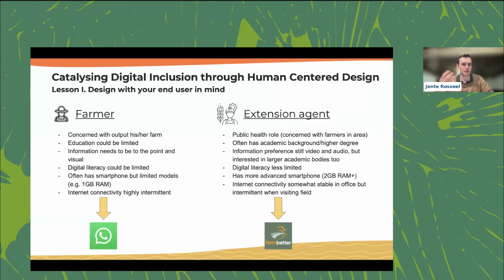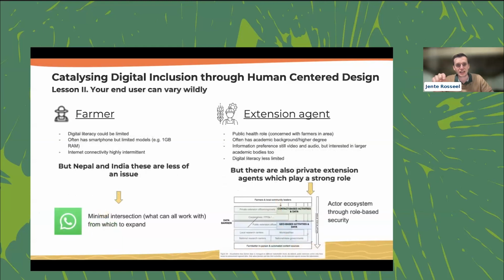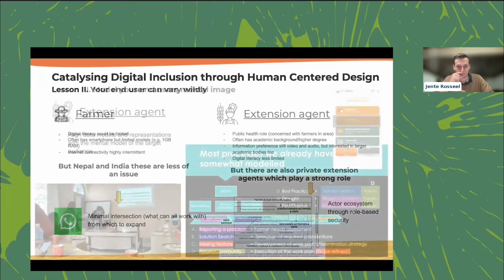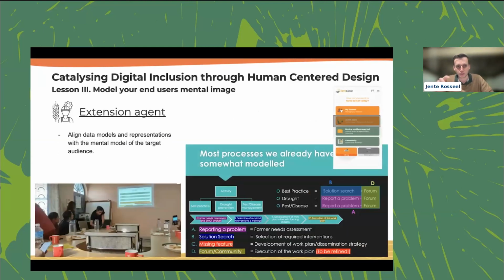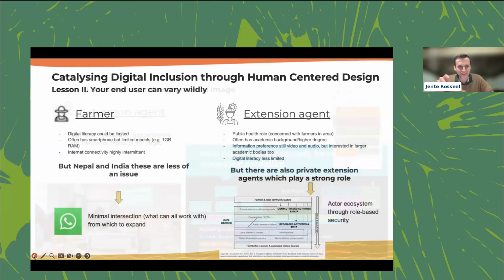So yeah, the first finding was that farmers and extension agents are very different, but now we're designing with that in mind. Gigi, can you please go to the next slide? The second lesson, now we've gone a bit too far. When we went to Nepal and India, we found that, in the case of farmers, for example, the end user can vary wildly because of the local context.